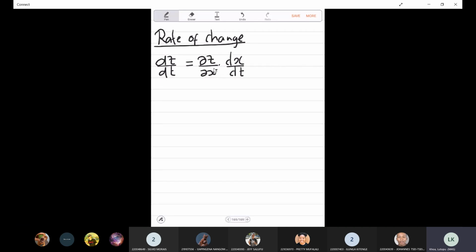But again, you can see this dx cancels, and you're left with the change in z with respect to t. And you also include dz/dy times dy/dt. So again here, this is a total derivative, a full derivative, because y only depends on t.